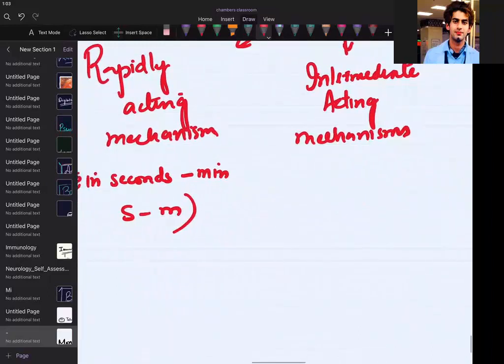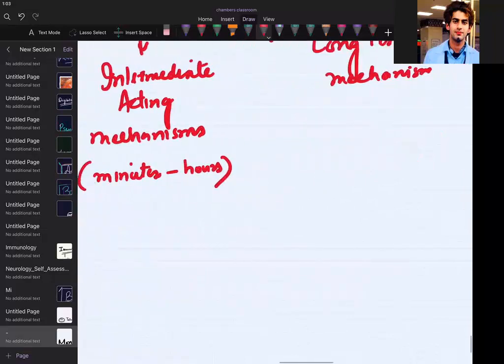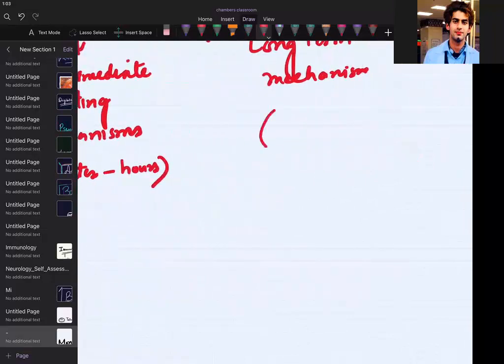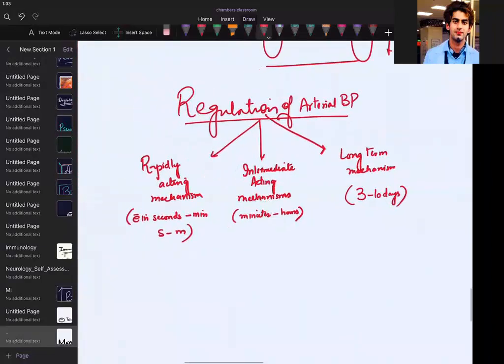Intermediate will be minutes to hours. Make life easy. Long-term mechanism will be 3 to 10 days. Are we clear with this concept? Isn't it easy now? Once we describe it crystal clear, then we can understand the BP.